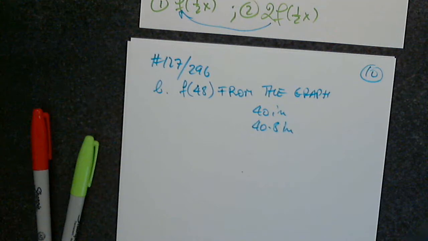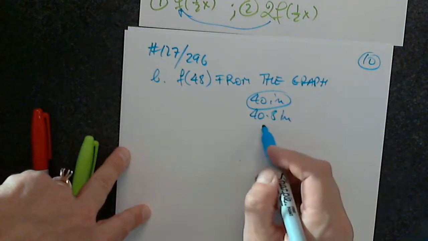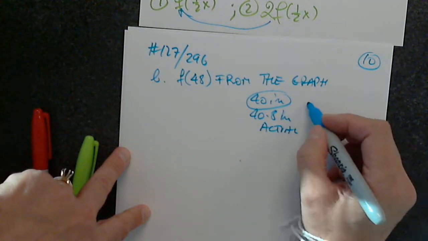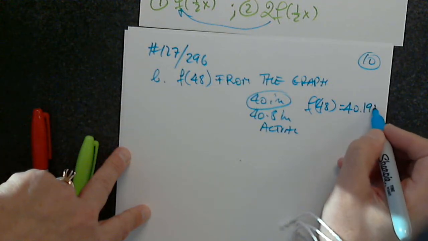And then I want to plug in 48 and see what happens. So the model gave us 40.192. The actual, they say, is 40.8. So this was from the graph. This is the actual. And the function f of 48 gave us 40.192 inches.